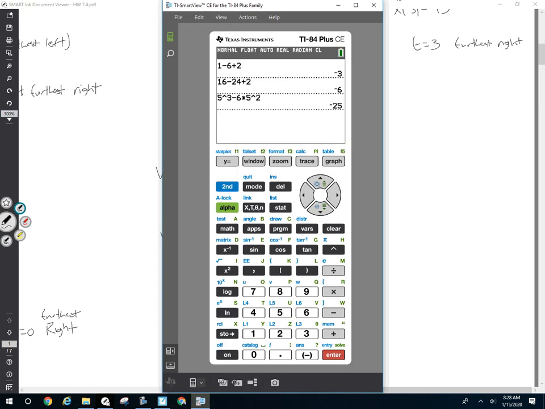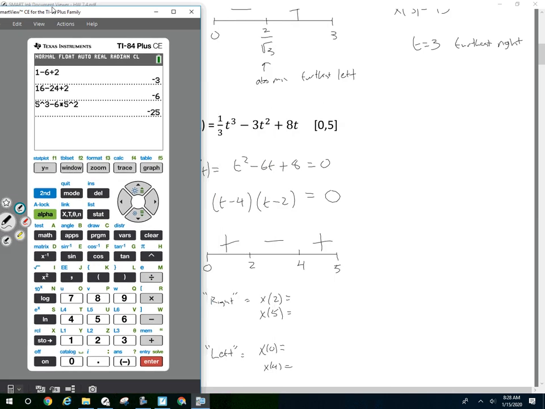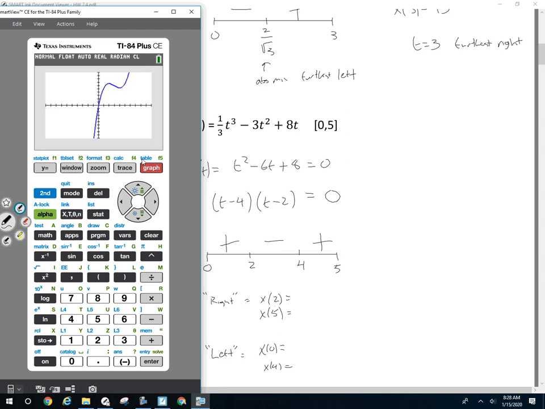Now, to do this quickly, let's pretend we do have our calculator. I'm going to graph 1/3 t cubed minus 3t squared plus 8t. And I'll plug in 0, 4, and 2, 5 by using trace.